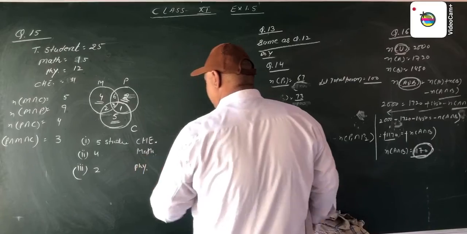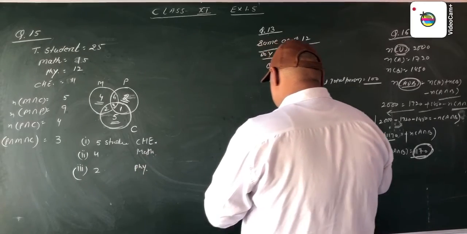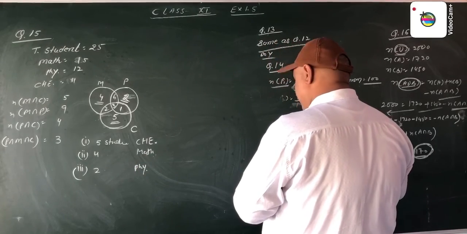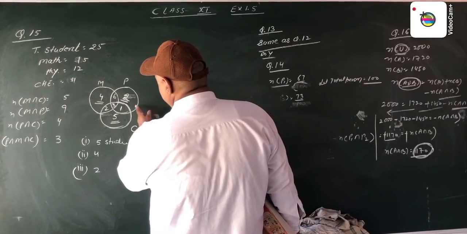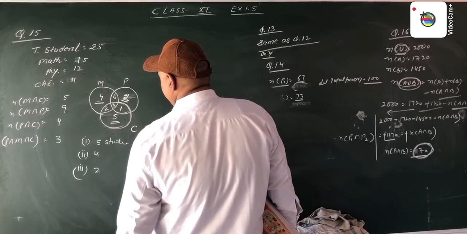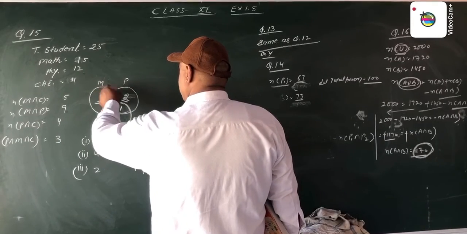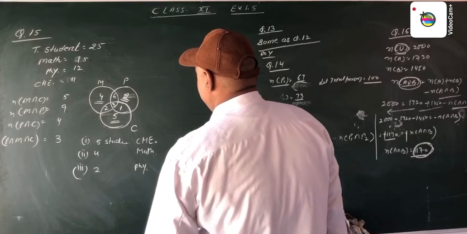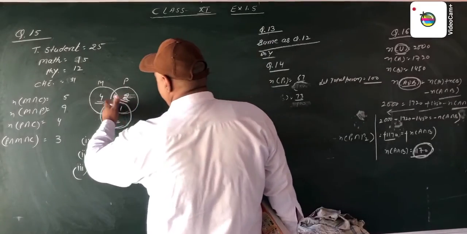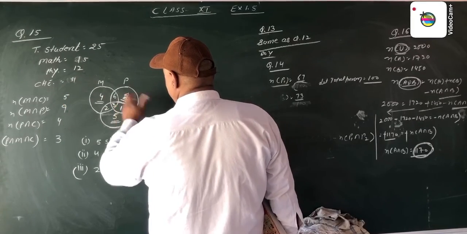Now the other parts of this question can be solved like this: physics and chemistry but not mathematics. This is the area of physics and chemistry but not mathematics. We include this area with this person. This is the number of persons with only physics and chemistry, which is not included in mathematics: 5 plus 1 plus 2, that is 8.